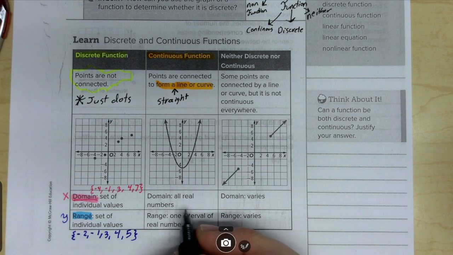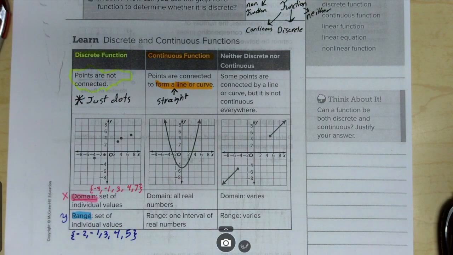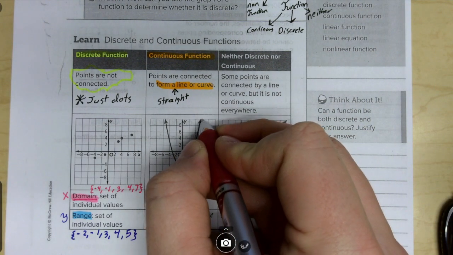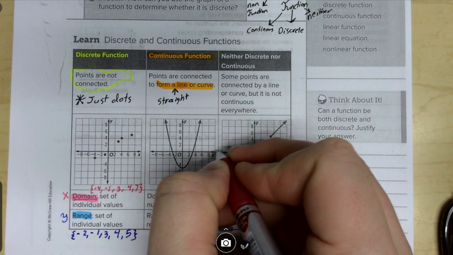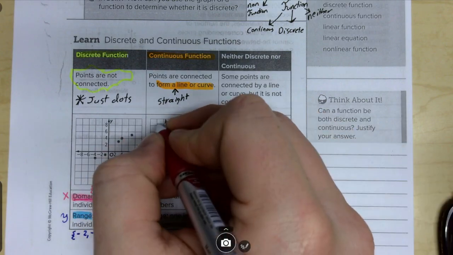Now, for figuring out domain and range, what you really have to think about is the direction of the arrows. So when it comes to the x direction, we see it's gaining distance in the x direction. So this one is going this way.